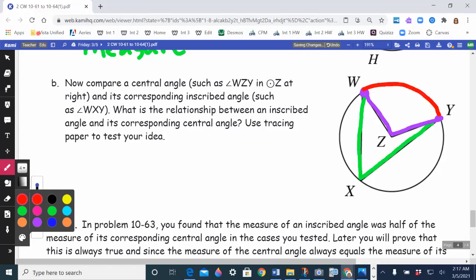So when I have an inscribed angle, let's say I call this X, my central angle that forms the same intercepted arc is going to be twice that every single time. And whatever my central angle is, my arc measure is going to be. Okay, that's what's going on with these.